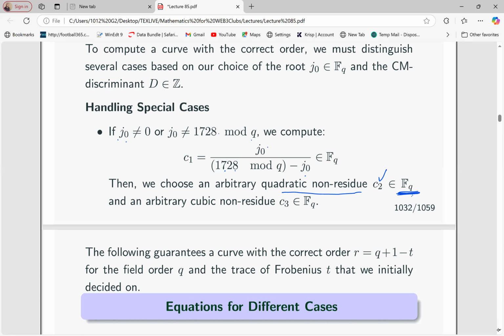You can also choose another one that does not have a cube root, and call it C3.